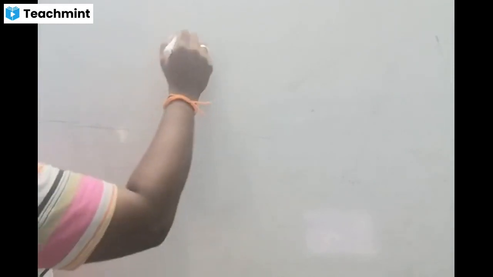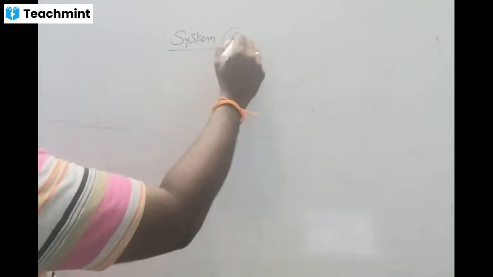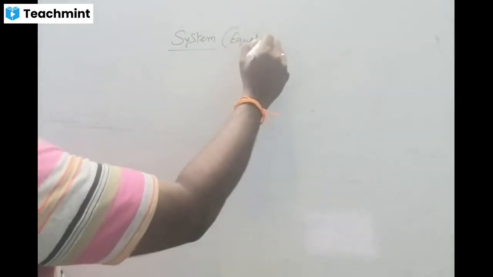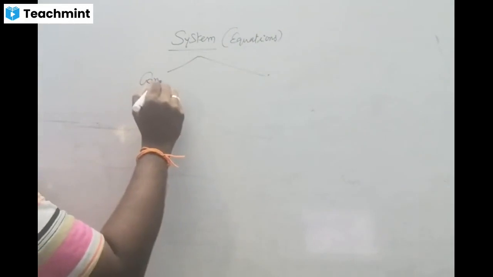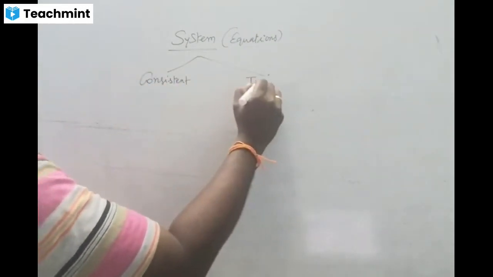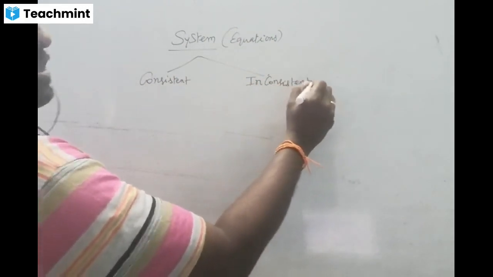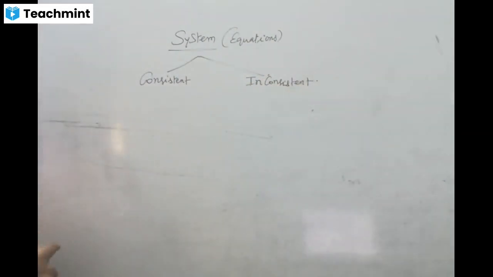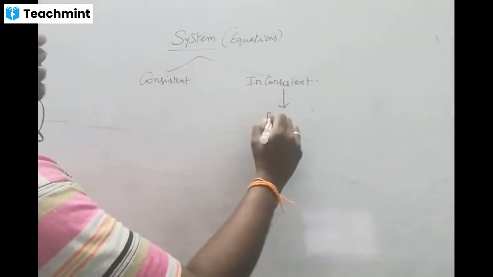Just write the flow chart, right? The system means equations. We have two options: one is consistent, another one is inconsistent. If it is inconsistent, then it has no solution.